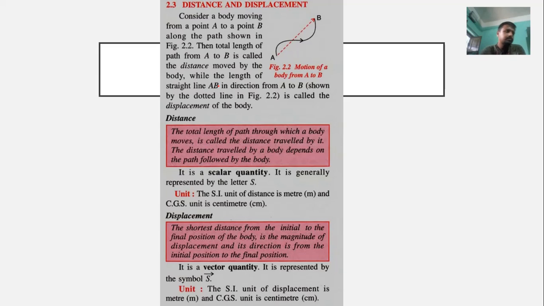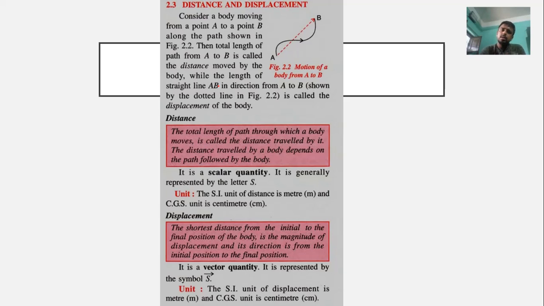Which one would take less time as well as less distance? It's a no-brainer, no? The smallest distance would be from Delhi to Mumbai direct.